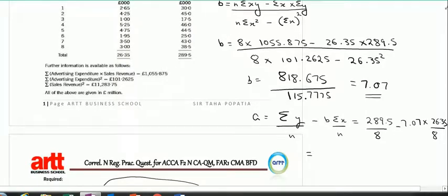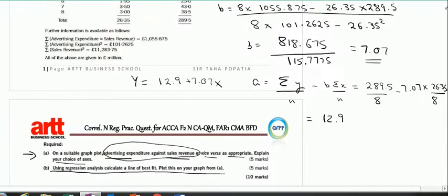If I compute it, 289.5 divided by 8 minus 7.07 into 26.35 divided by 8, which is 12.9. So my equation will be y is equal to 12.9 plus 7.07 of x. We can move on to our next question.